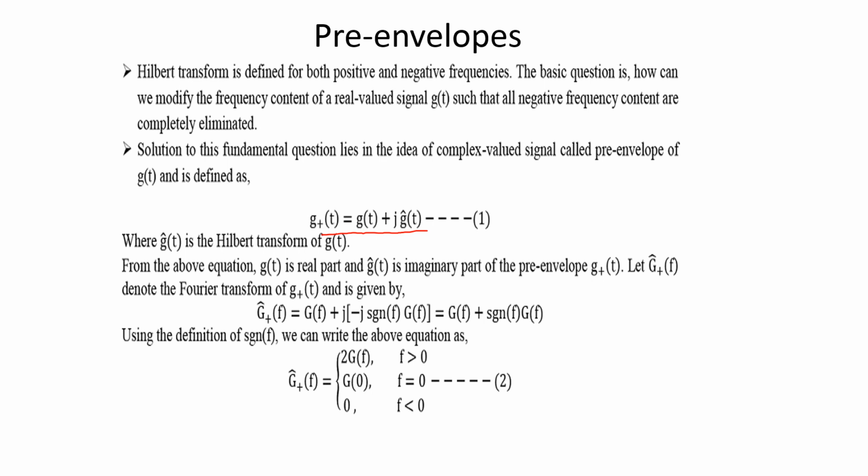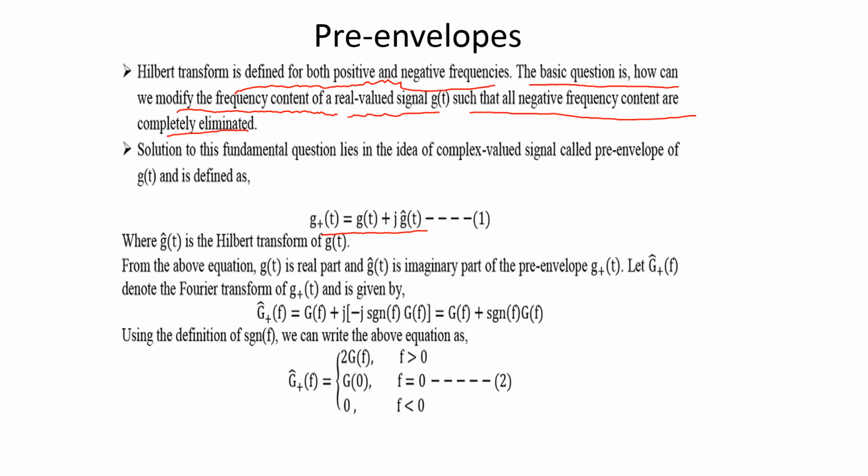In the expansion, the Hilbert transform is defined over both the positive and negative frequencies. So the basic question is how we can modify the frequency content of the real valued signal g of t such that the negative frequency content is completely eliminated. Either you go for selecting the positive envelope or else the negative envelope.